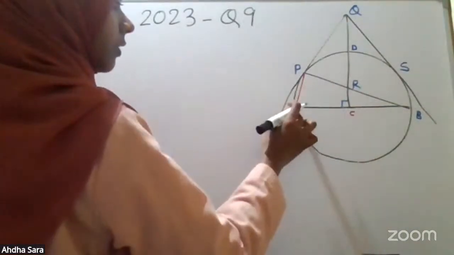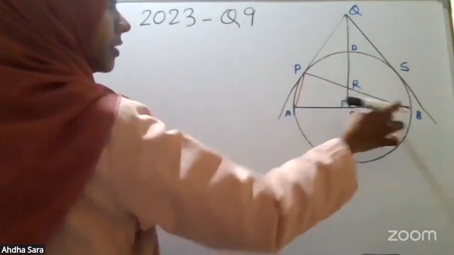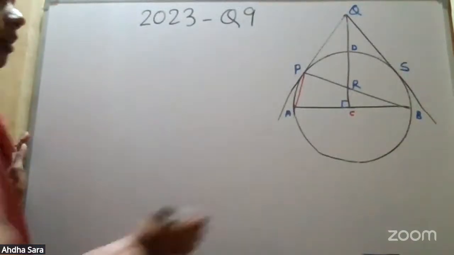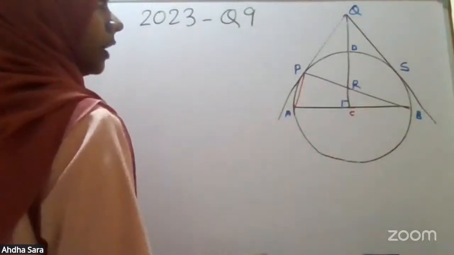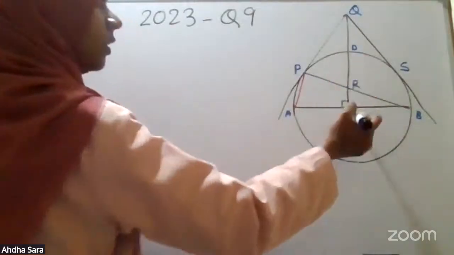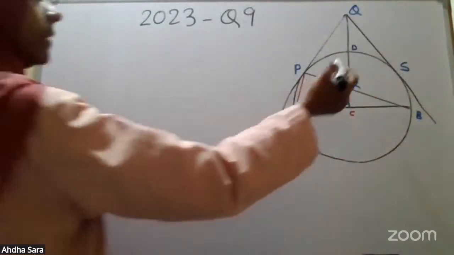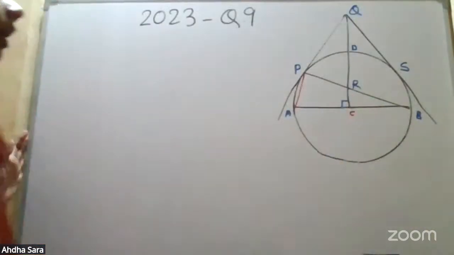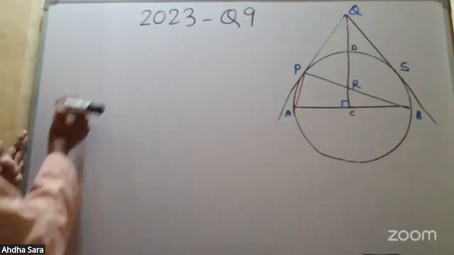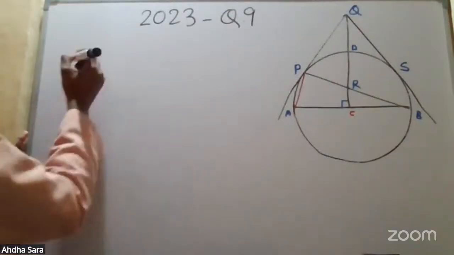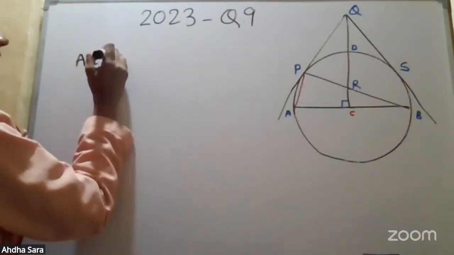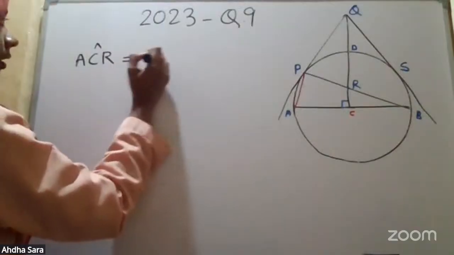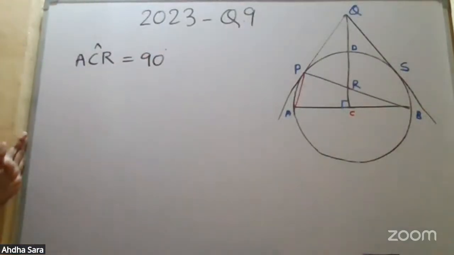They have given the diameter AB here, and it is bisected by the radius CD. So you get a 90 degree at ACR. So the angle ACR is 90 degree.